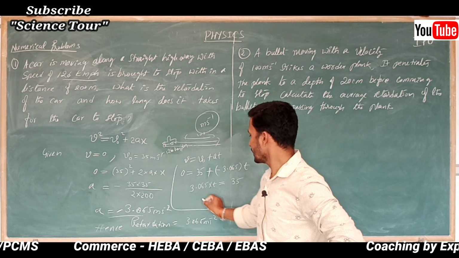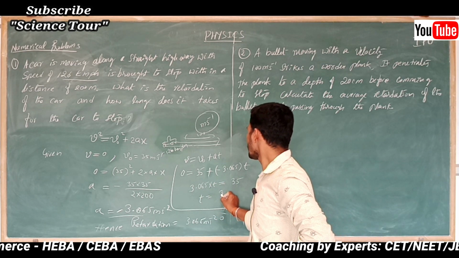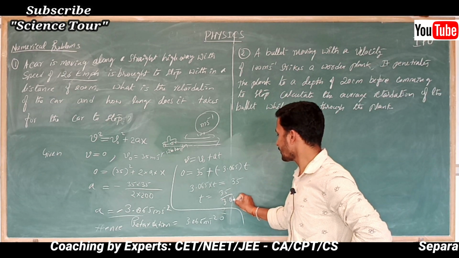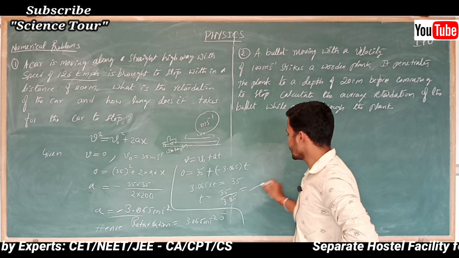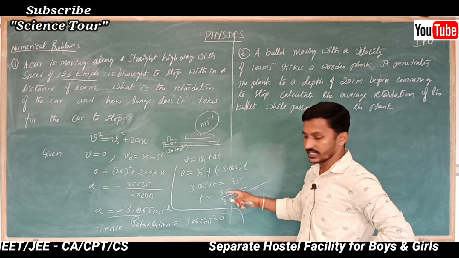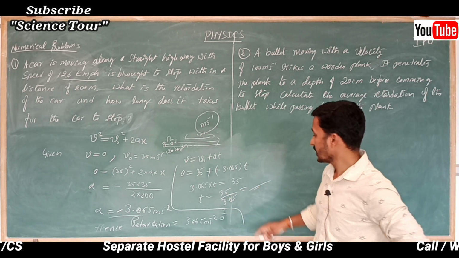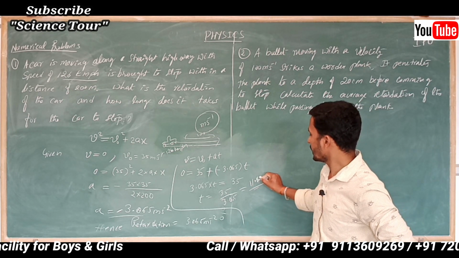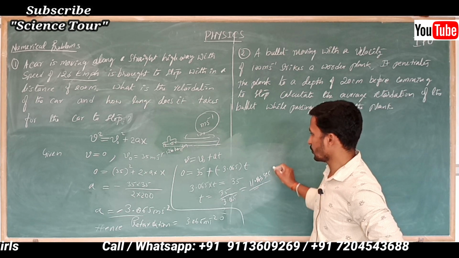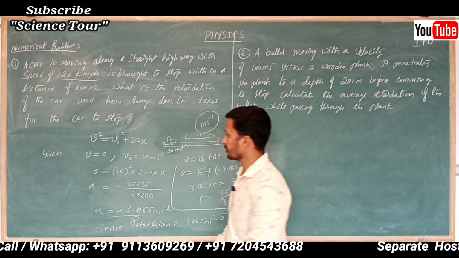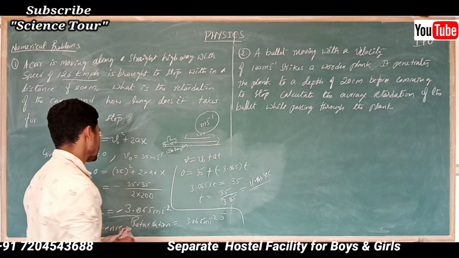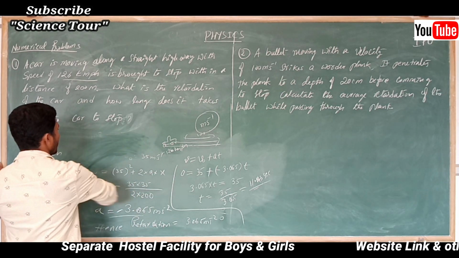Then t is equal to 35 divided by 3.065, which is nearly 10, right? Exactly, if you do it, 11.43 seconds you are going to get. After applying the brake, the car is going to take 11.43 seconds.